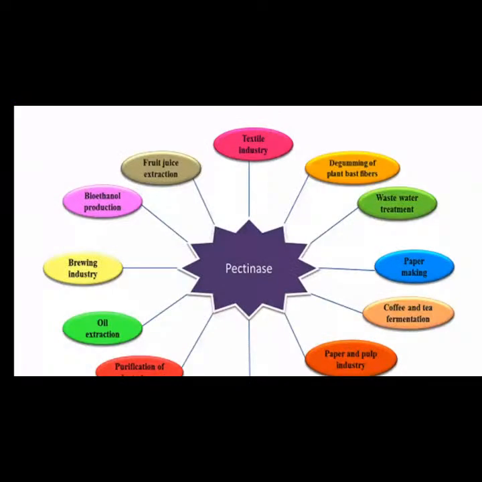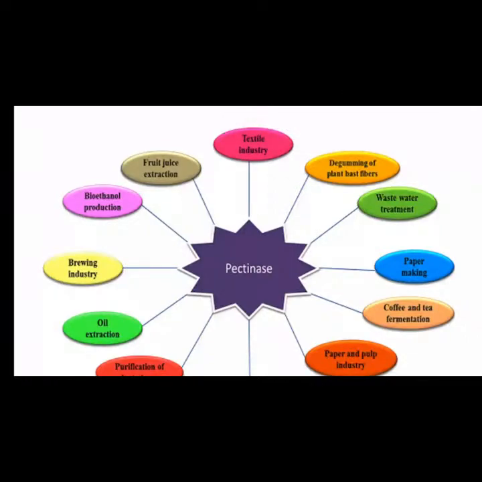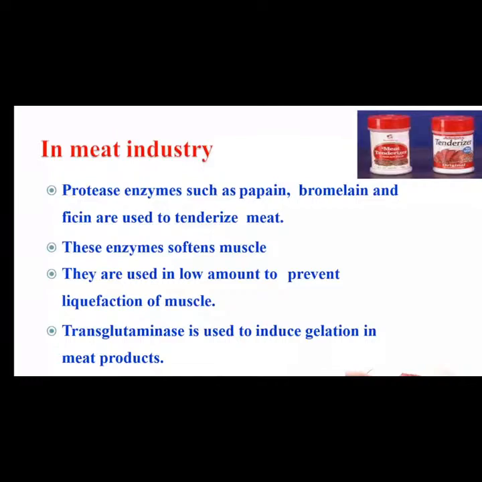There are so many applications of pectinase, like in the textile industry and degumming of fibers, wastewater treatment, paper making industry, coffee and tea fermentation, oil extraction and brewing industry, and bioethanol production. There are many applications of pectinases. So it is a wide spectrum enzyme used in most of the industries, right?